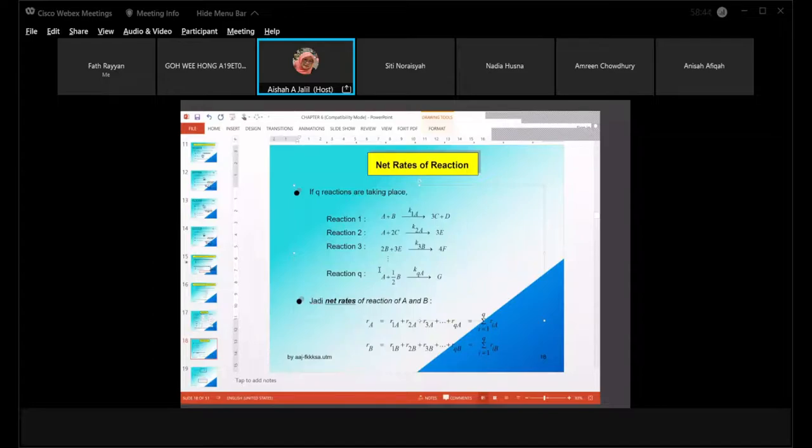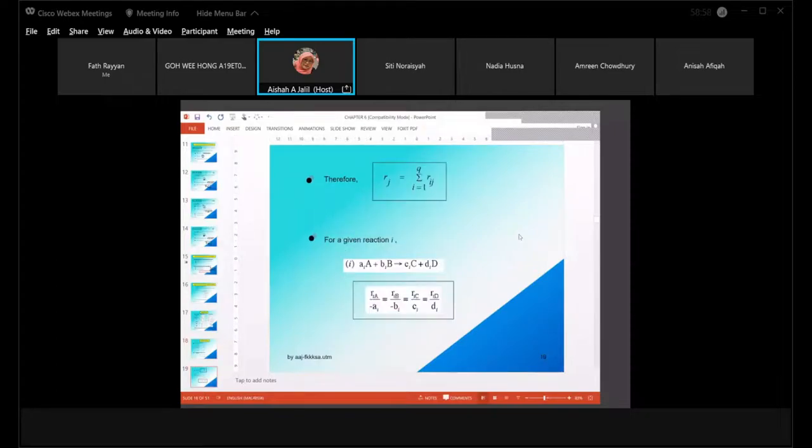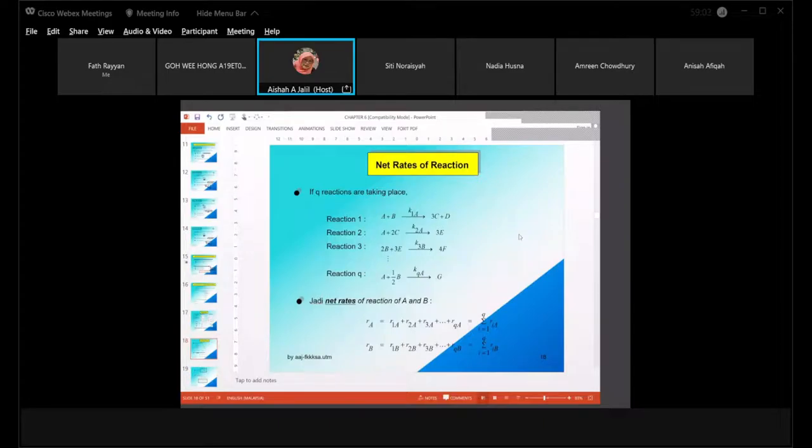Also RB: in reaction 1 we have R1B, but R2B is 0, we do not have B. R3B we have, and RQB we have. So that's the meaning of net rates. How to calculate the net rate?